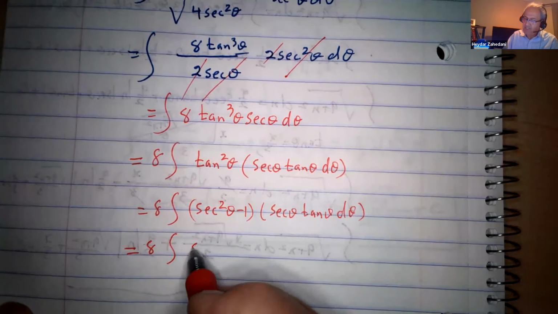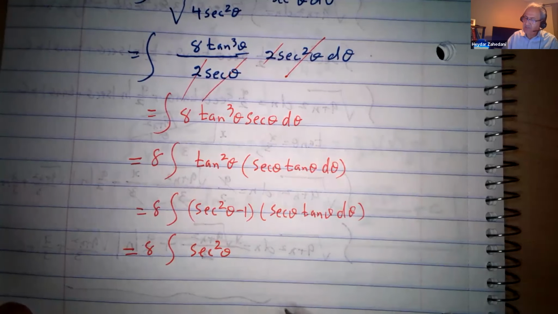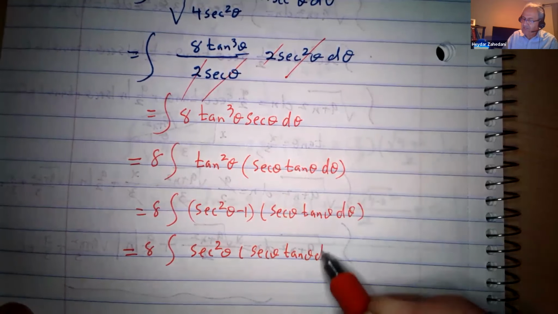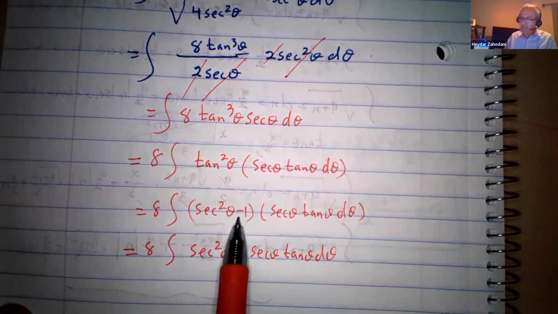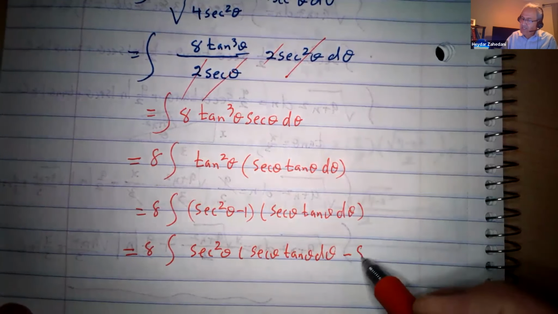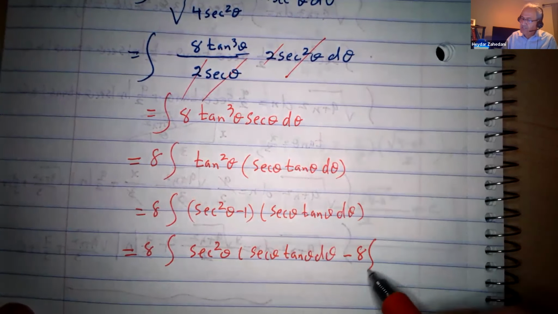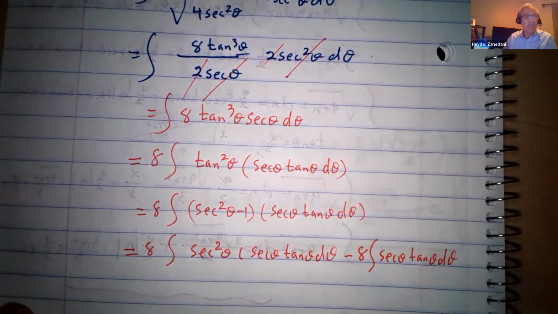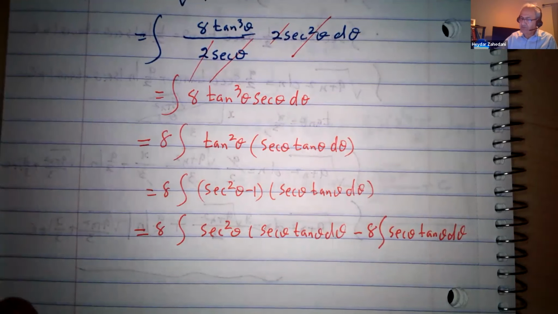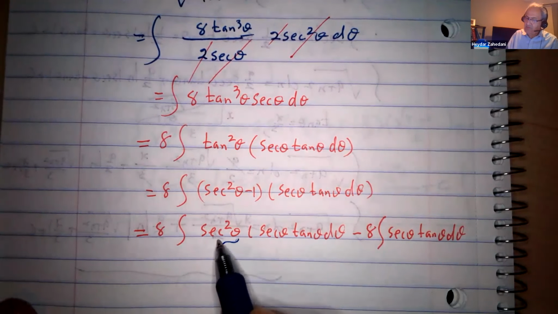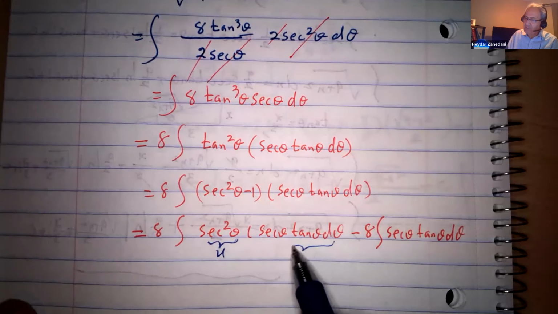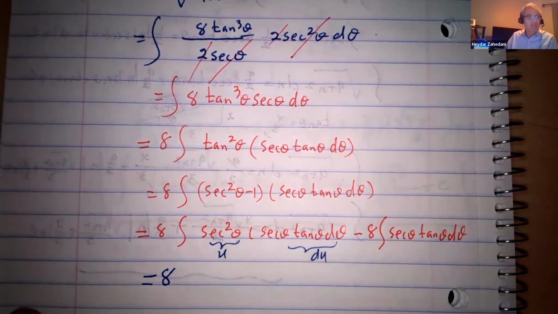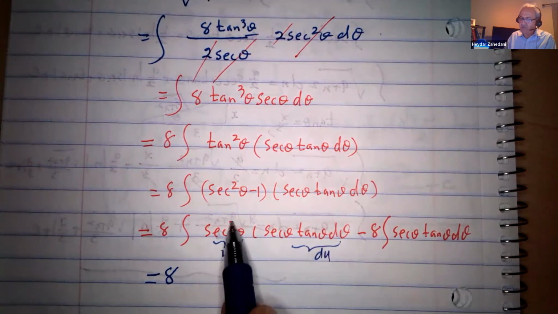So it's going to be secant squared of theta, this is the way you write it down, secant of theta, tangent of theta, d theta, minus 8 times the integral of secant of theta, tan of theta, d theta. Now we are ready for it. You take this one to be u, this is u prime or du. So this is going to be 8 integral of u squared.